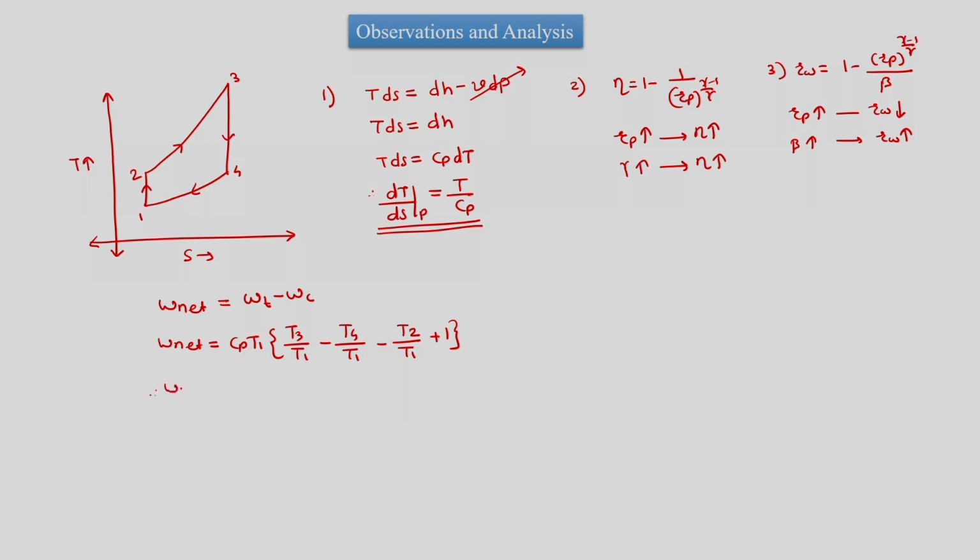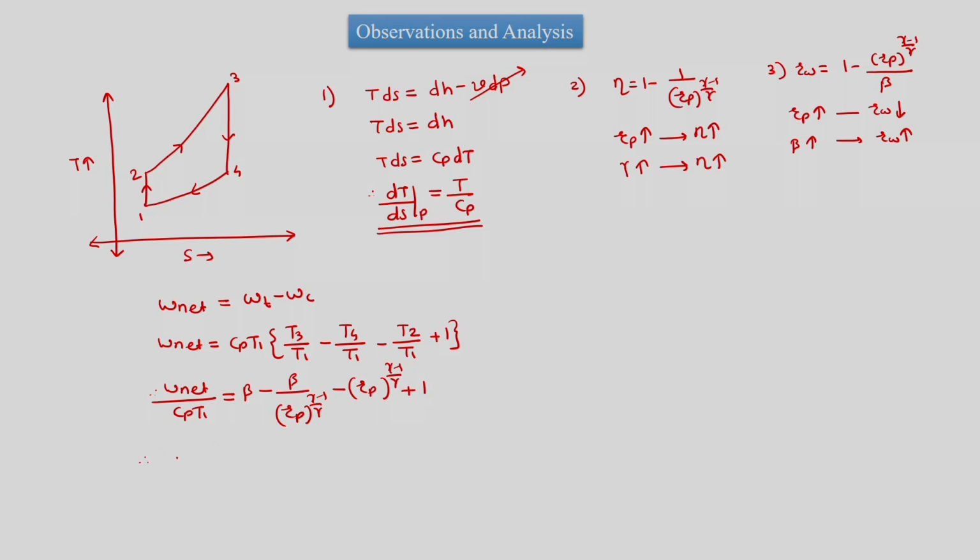So we get W net upon Cp T1 is equal to beta minus beta upon Rp raised to gamma minus 1 upon gamma minus Rp raised to gamma minus 1 upon gamma plus 1.